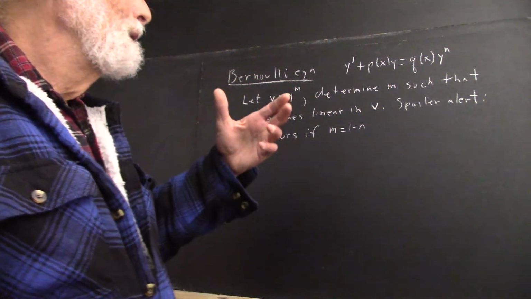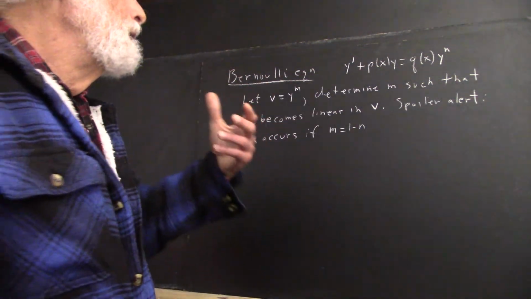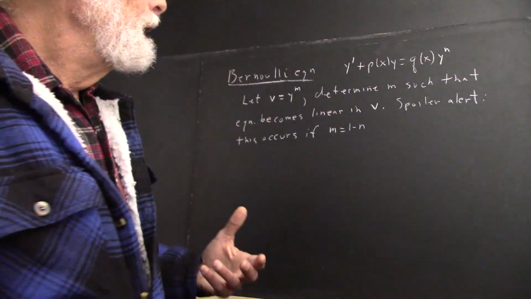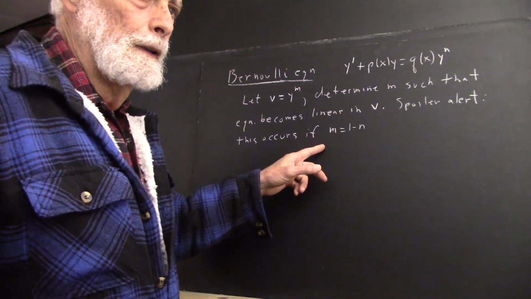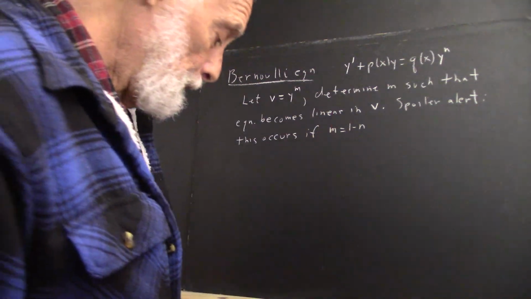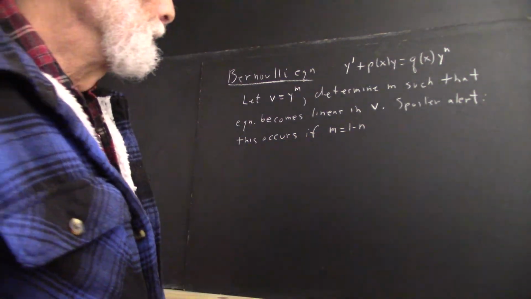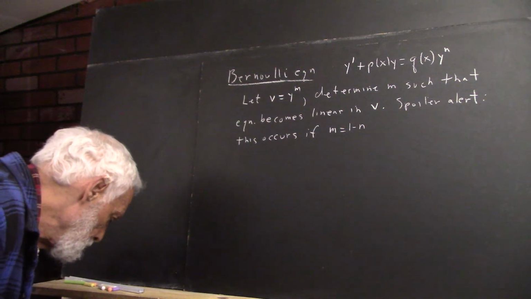I advocate, so that you understand better the change of variable process, that you not immediately go to the spoiler here and the things that come away from the spoiler, but work through the details so you see that this does occur. We work through the details. I'm pretty sure we work through the details.